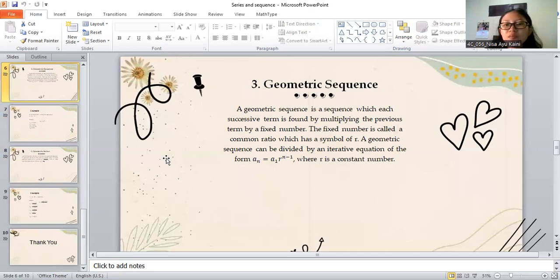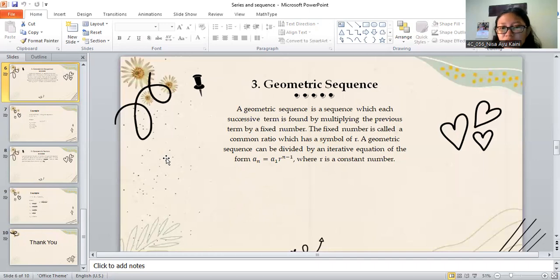Then the third material is about geometric sequence. What is a geometric sequence? It is a sequence in which a successive term is found by multiplying the previous term by a fixed number. The fixed number is called the common ratio, which has the symbol of small letter r.